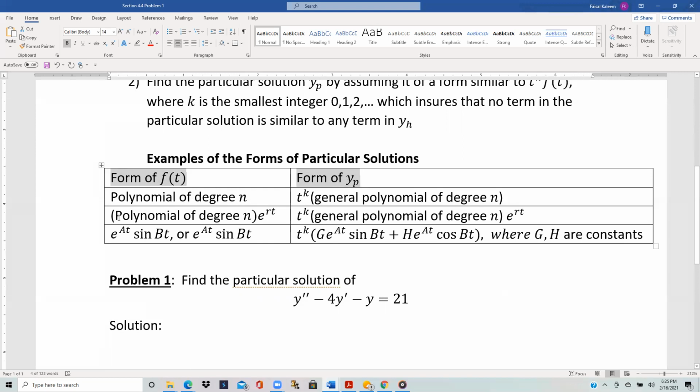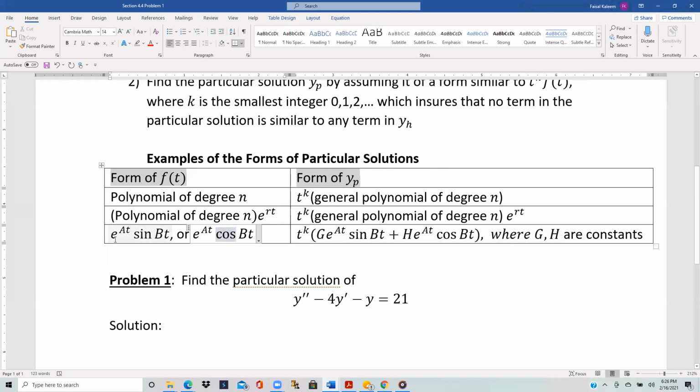And then if f of t is a polynomial of degree n times e power rt, then the particular solution will be again a general polynomial of degree n times e power rt times t power k. And if f of t is of the form e power at sine bt, or e power at cos bt is what I meant, then the particular solution takes the form G e^(at) sine bt plus H e^(at) cos bt, and again times t to the k, where G and H are constants.